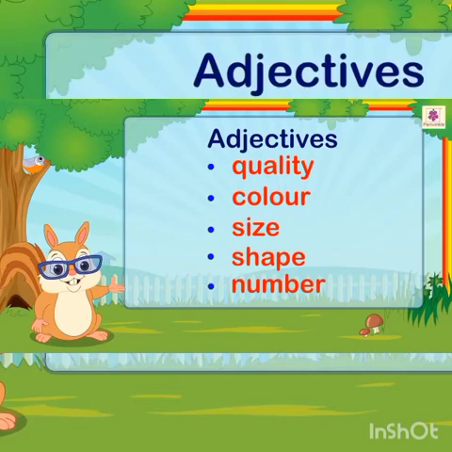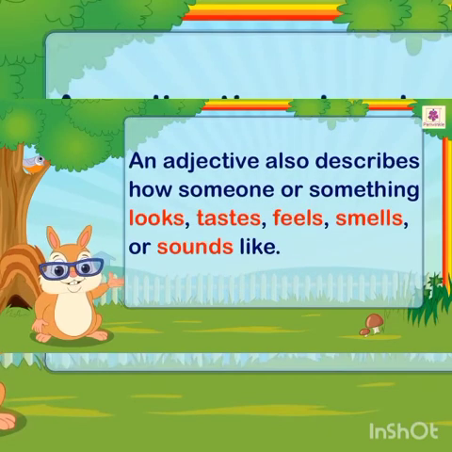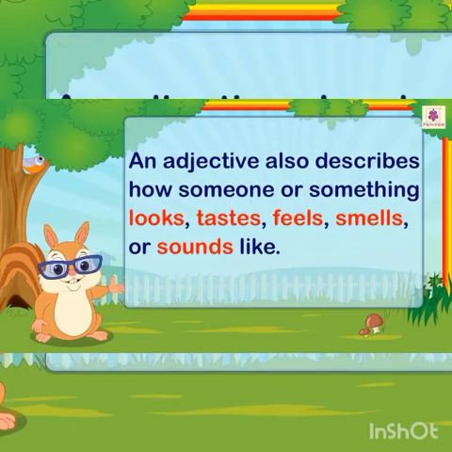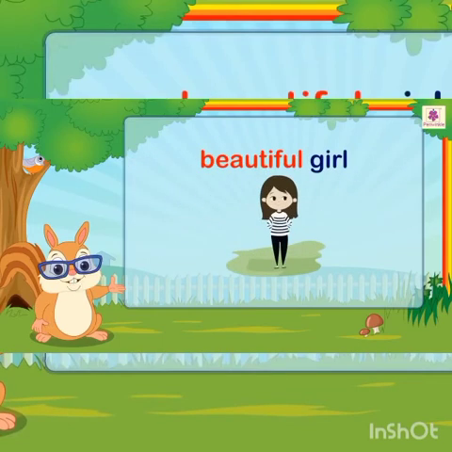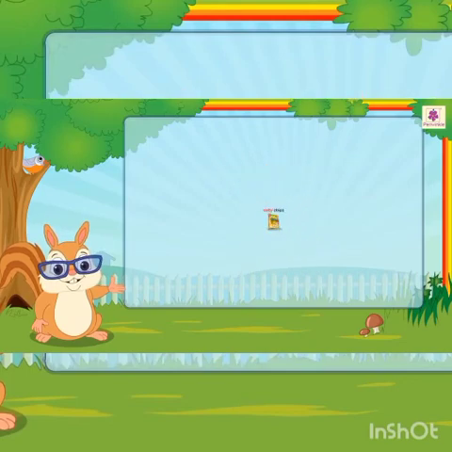I hope you understand the concept of adjectives. Students, an adjective also describes how someone or something looks, tastes, feels, smells or sounds, like our five senses. So these are also adjectives. So students, I hope you understand the concept of adjectives like beautiful girl or salty chips. These are the qualities, so these are adjectives.